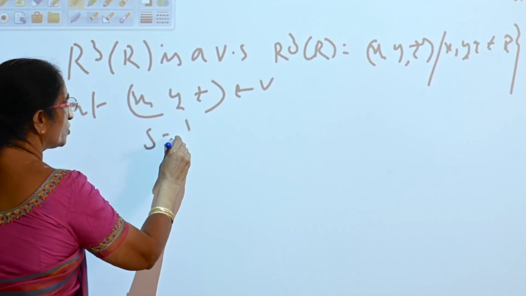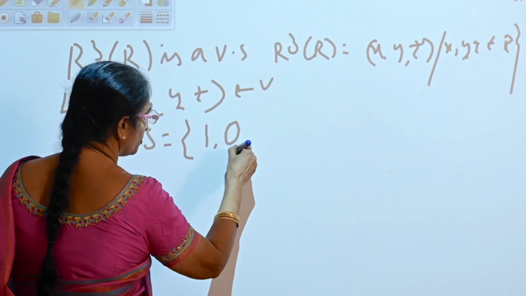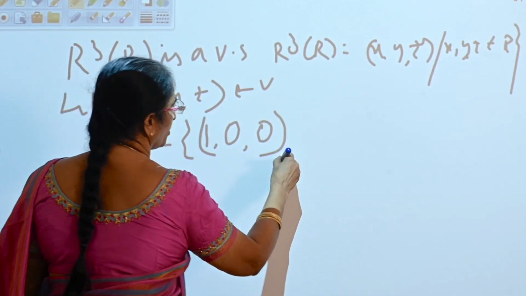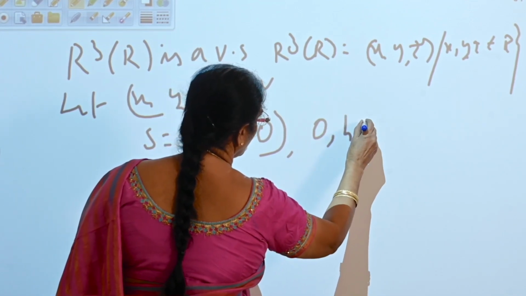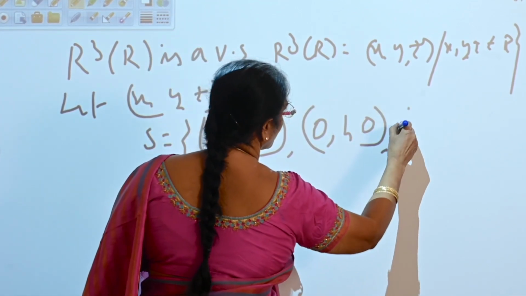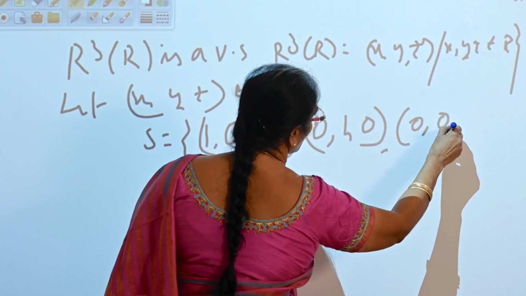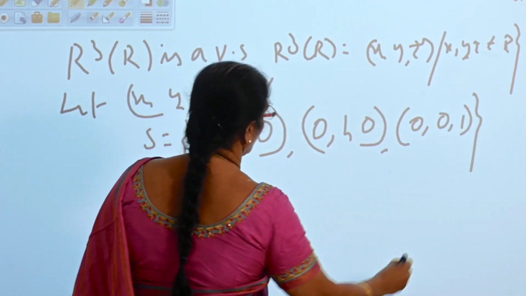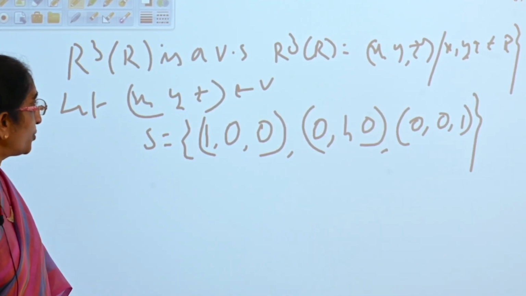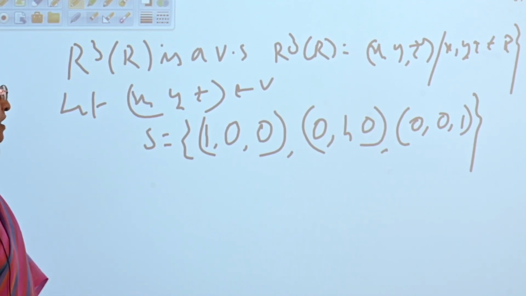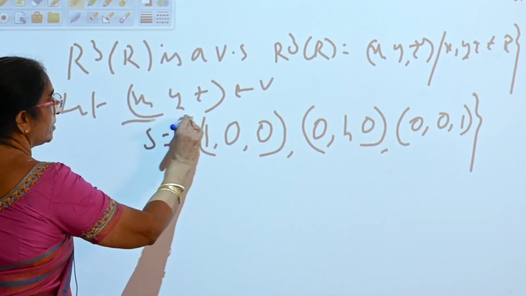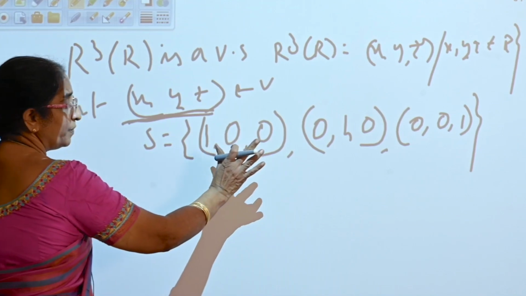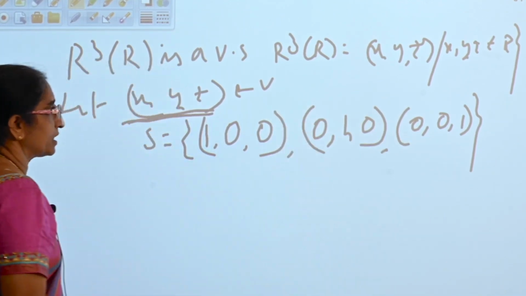S is equal to {(1, 0, 0), (0, 1, 0), (0, 0, 1)}. Now what you have to prove is that L of S is equal to V. That means any arbitrary element in V should be a linear combination of these elements.